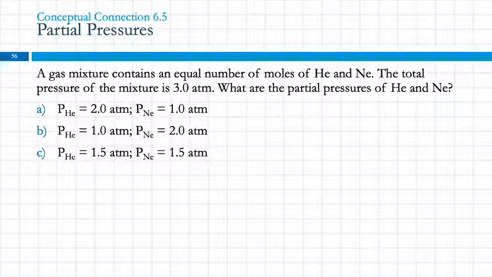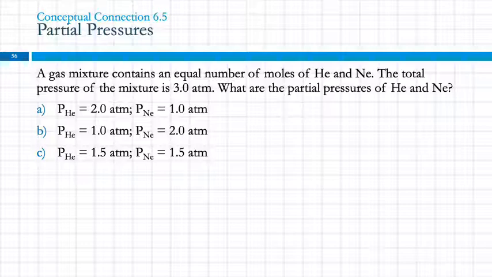Here's a conceptual problem. Gas mixture contains an equal number of moles of helium and neon. The total pressure is 3 atmospheres. What are the partial pressures of each of the gases? So if they have equal numbers of moles, now we're not accustomed to thinking of fractions. What would the percent of helium be? 50%.